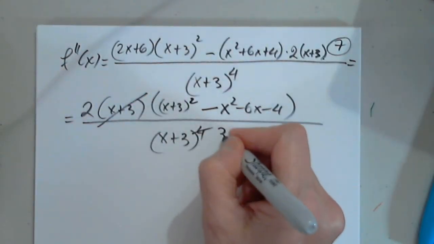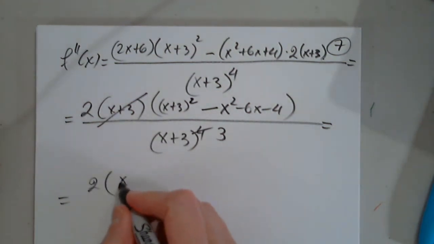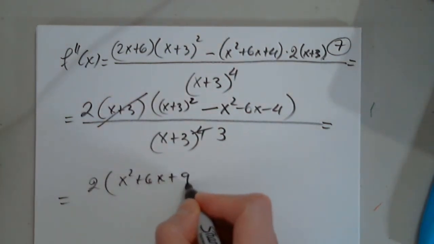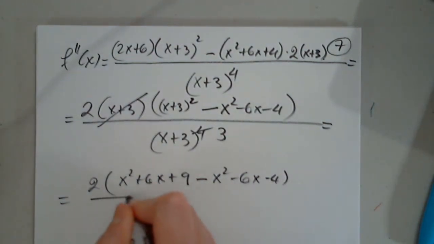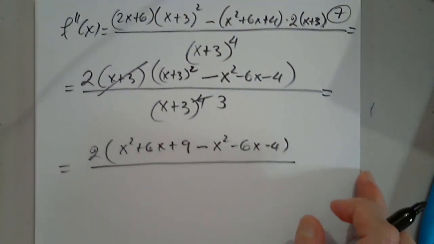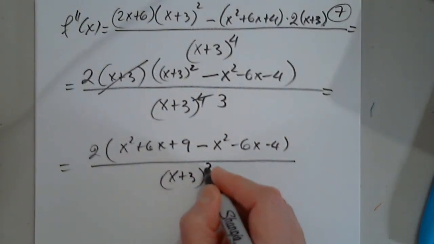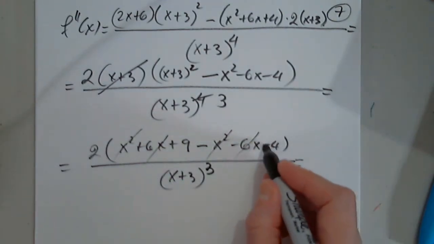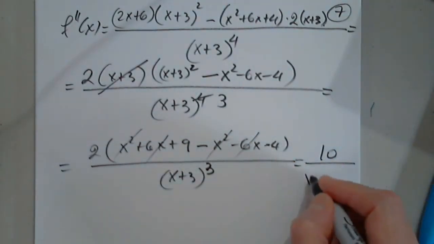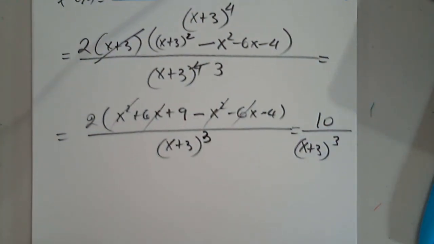Yes, one of them goes away. So this is x squared plus 6x plus 9 minus. Very nice. Wow. I wasn't expecting that at all. These two are gone. These two are gone. Wonderful. So this is 5 times 2, which is 10. Great job. Thank you very much.